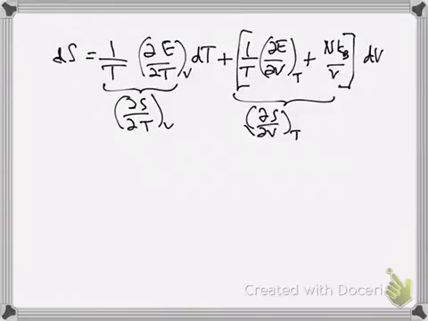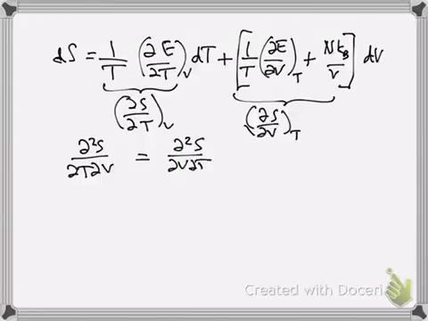I told you entropy was a nice function, which means basically the second derivative of s with respect to t with respect to v has to be the same as the second derivative with respect to v with respect to t. Equality of mixed partial derivatives, as long as there are no branch cuts or weird non-analytic stuff going on with the function s as a function of these two variables, this has to be true.